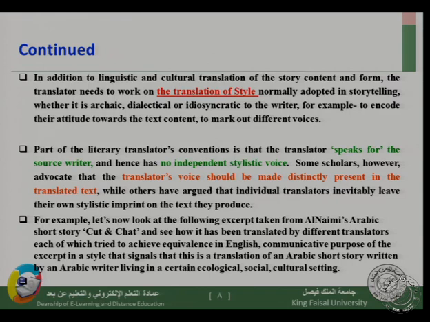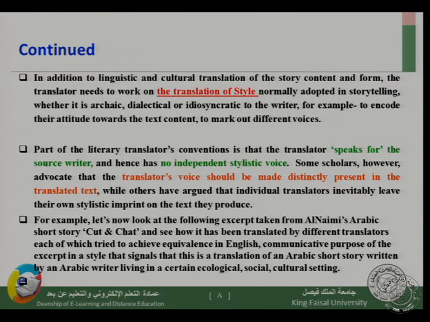Now let's see another example, to see whether the translator has managed to really achieve equivalence in English and the communicative purpose of the expert in any style that signals that this is a translation of an Arabic short story by an Arabic writer in a certain ecological, social, cultural setting.